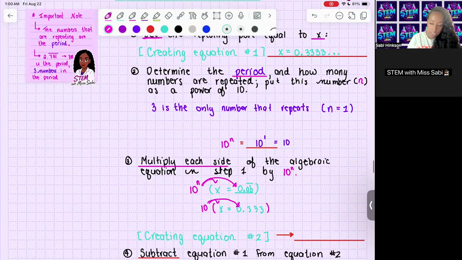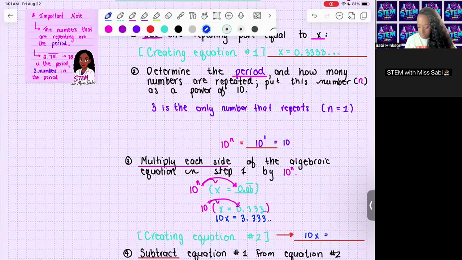That's just the distributive property. So we end up with 10x equals 3.333 repeating, which goes on and on. That is equation number 2.